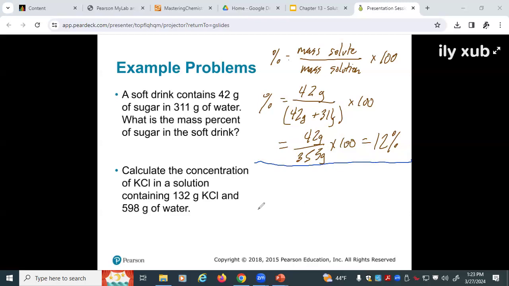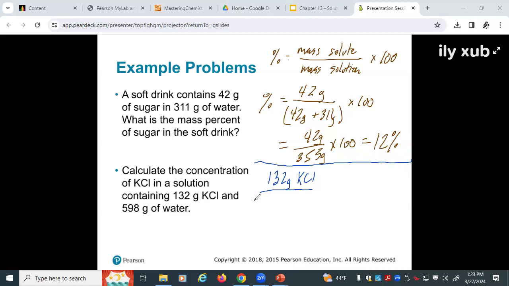All right, same kind of question here for the second one. I got 132 grams of potassium chloride and 598 grams of water. So my solute is the 132 grams of potassium chloride.